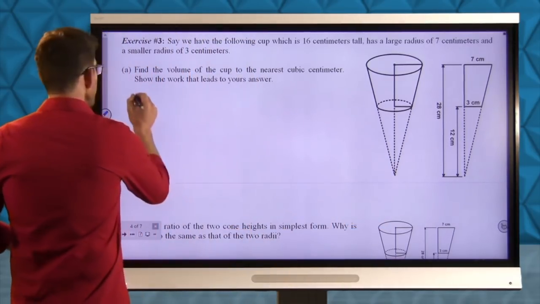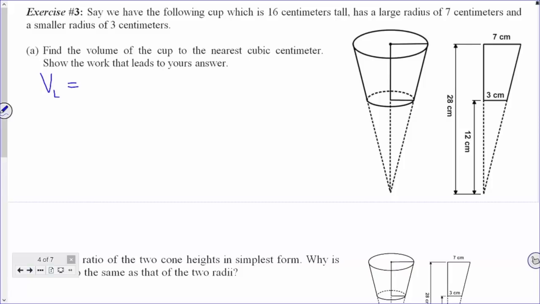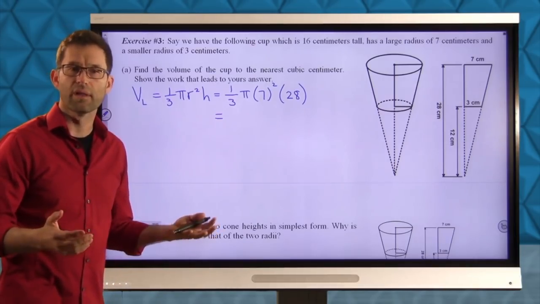The volume of the larger cone, right, will be 1/3 times pi times r squared times h. We know absolutely everything. 1/3 pi times, what's its radius? It's 7 squared times its height, which is 28. All right. So we've got to do that on our calculator. That's going to be a messy calculation. All right.